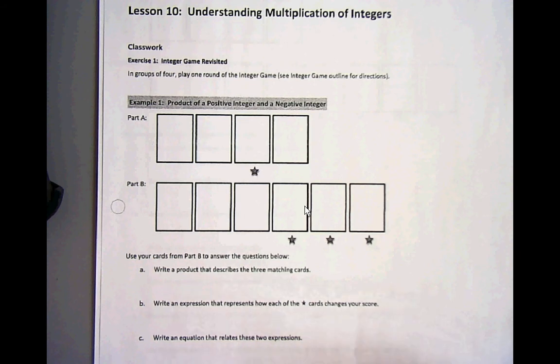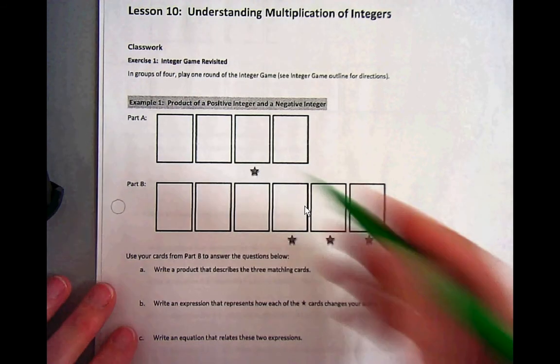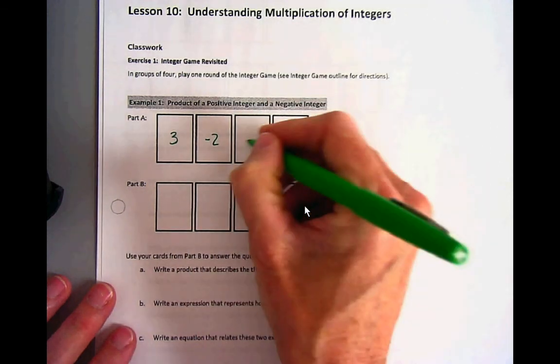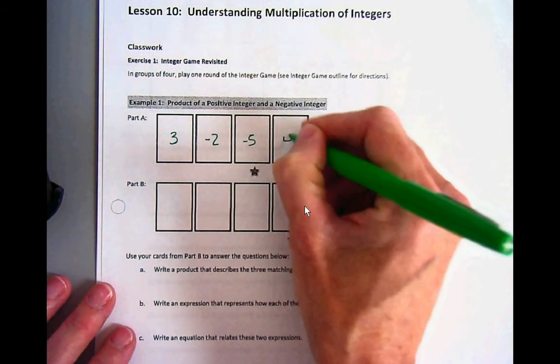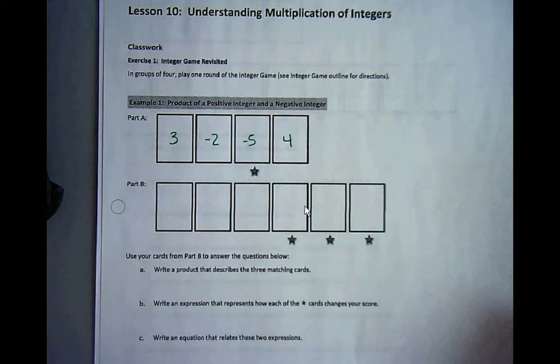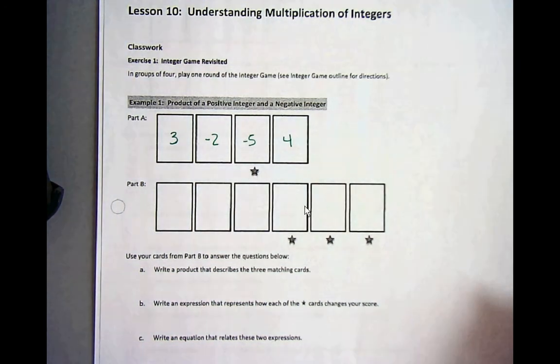So let's say that in your hand you receive a 3, a -2, a -5, and a +4. Go ahead and write that in. The star is going to tell us what we're going to copy or repeatedly add.